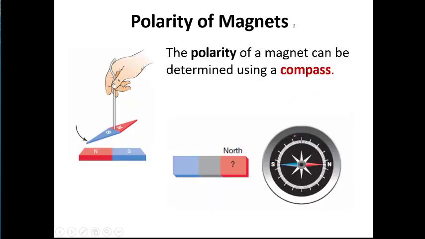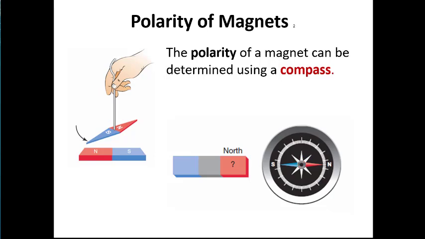A compass is a device that allows us to determine the polarity of a magnet. So in the compass, the south pole of the compass is attracted to the north pole on the magnet. If we look at this string, this is an example of a magnet with a pointer on a string so it can spin.